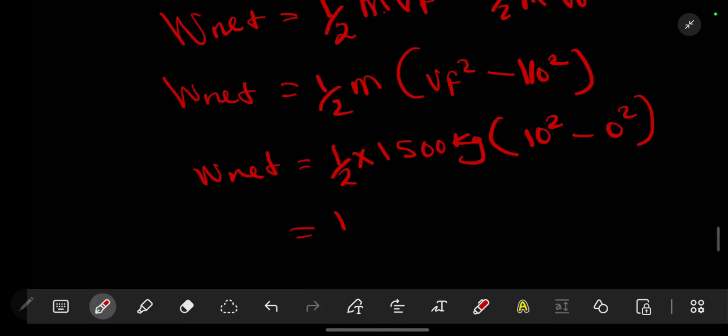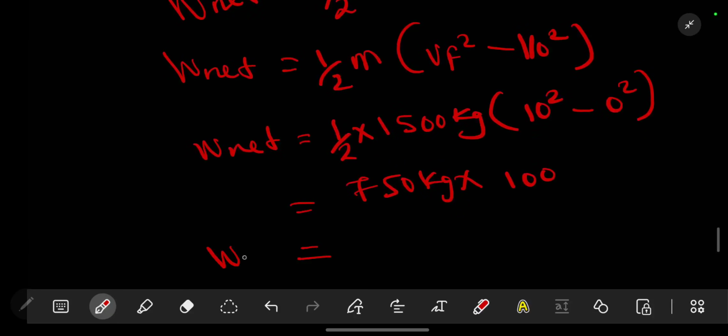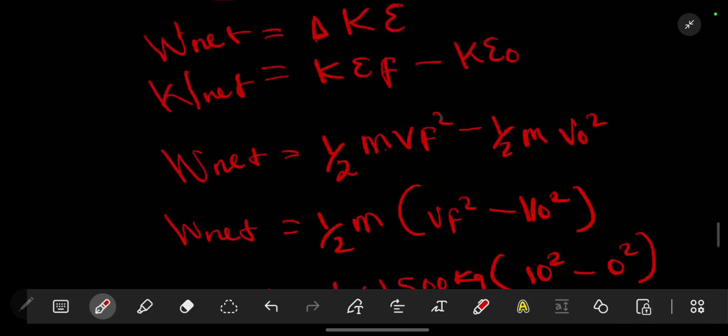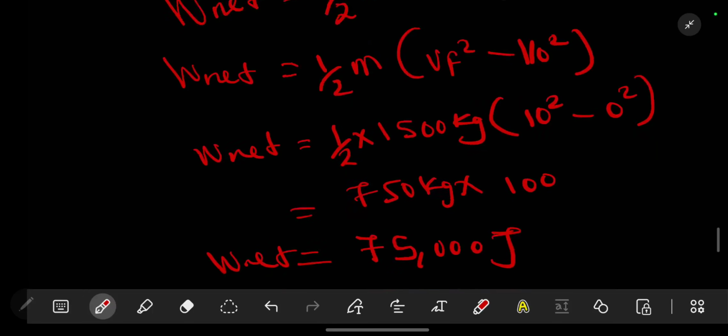Half of 1500 is 750 kg, times 10 squared, which is 100. When we multiply, our net work done will be equal to 75,000 joules. So just using the work energy theorem, you find it like that.